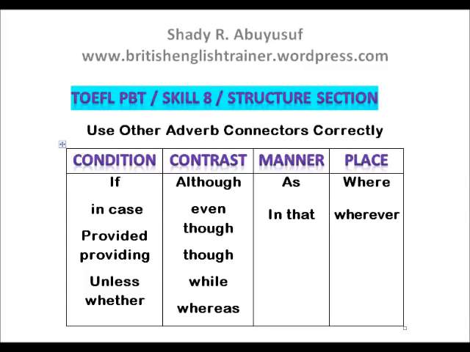Now when we come to the condition connectors, we see if, in case, provided, providing, unless, whether. And the contrast connectors, although, even though, while, whereas. And for the manner connectors, we've got as, in that. And for the place connectors, we've got where, wherever.